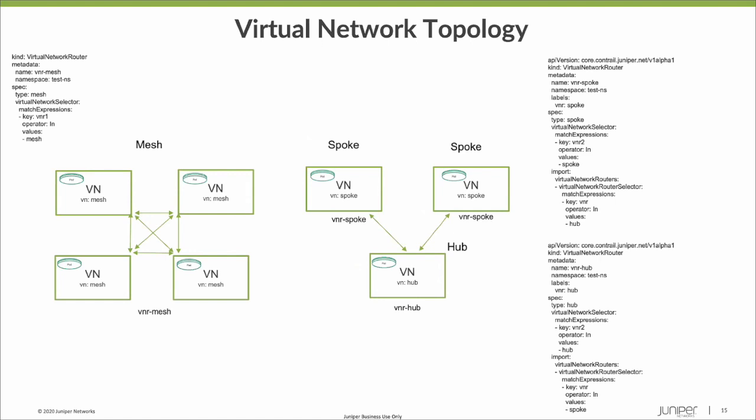So one is the mesh construct, other is the hub and spoke. The big difference is when we have the mesh, everything is communicating to each other. And when we have a hub and spoke, hub and spokes can communicate with each other, but not spokes. All this is done through the simple concepts using the RT import and exports in a given virtual network. And everything is taken care by the BGP constructs in the backend.